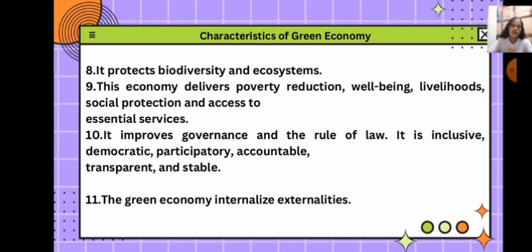So the characteristics of green economy is basically focused on the aspects of social, economic, and environmental. Sa social aspects, it focuses nga maghatag og kanang kuan sa mga tao bitaw, like inclusivity, like fair and just ra bitaw ang treatment.